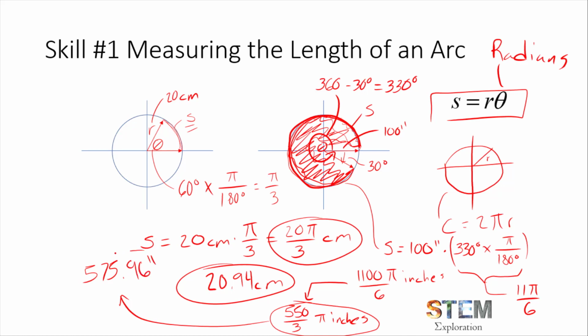And so really when we're finding arc lengths, we're just looking at a portion of a circumference. If you're ever looking for the circumference of a circle, you understood that it was 2 pi r. So we're going to do the same thing, except we're just going to find the portion of 2 pi that we are targeting. So this is a few different ways that you can look at this given circumstance.